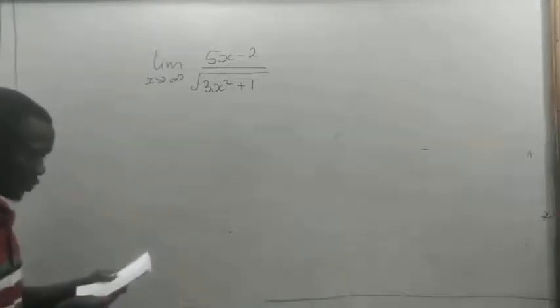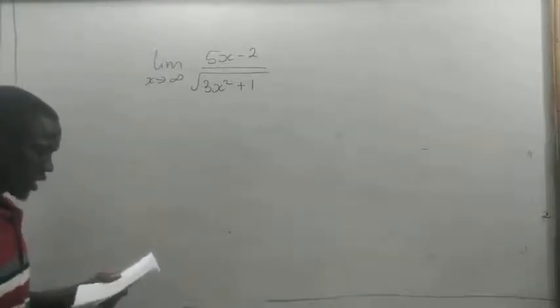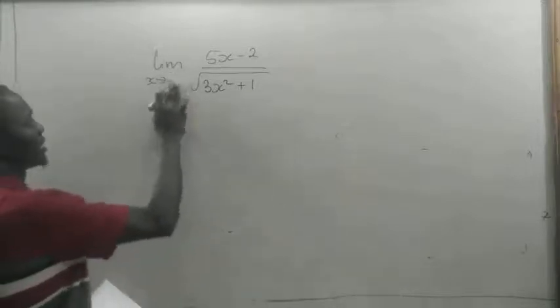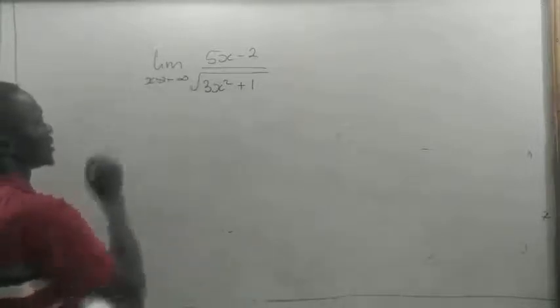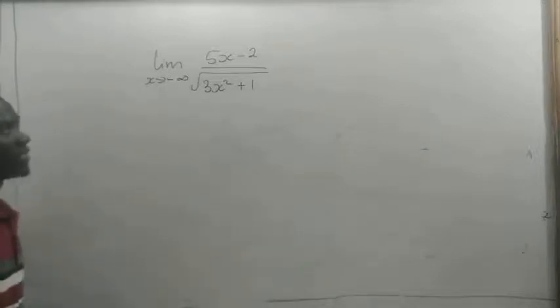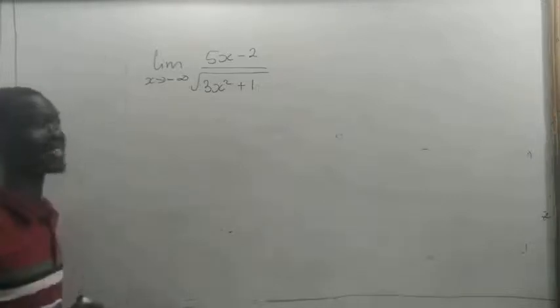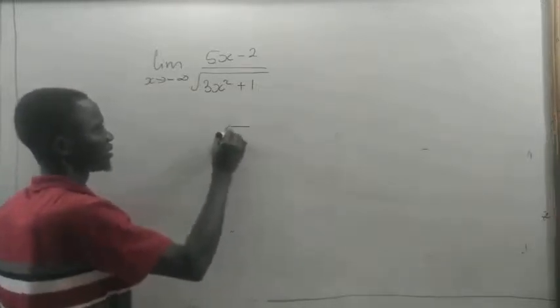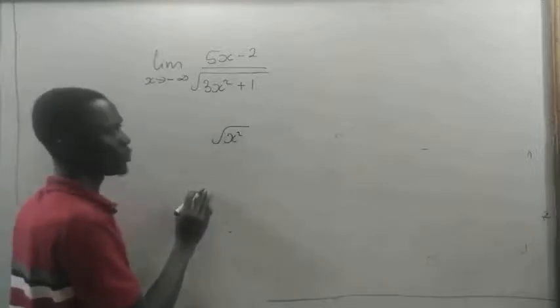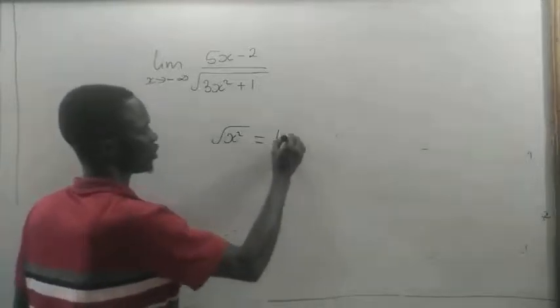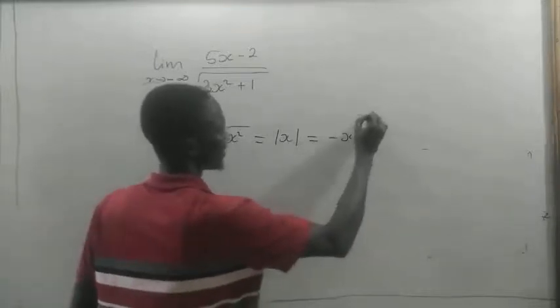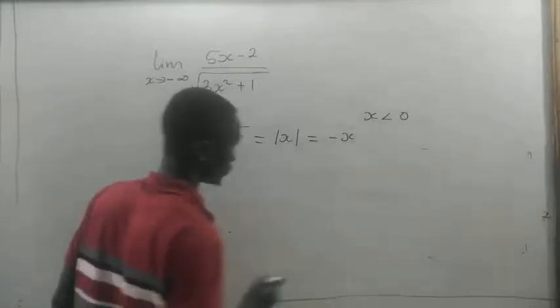Now, what about this one? In the same way, let's say that this is approaching negative infinity. If this is approaching negative infinity, what do we do? In the first example that we did, we said that the square root of x squared is equal to the absolute value of x, which is equal to negative x if x is less than 0.